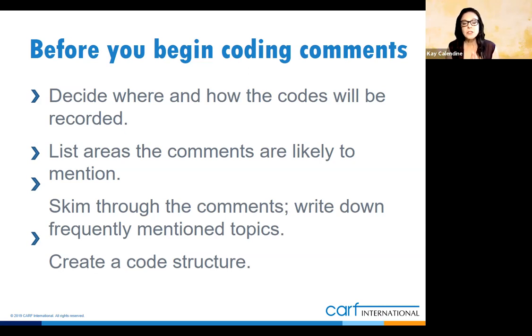So the next thing you'll do is skim through those comments and build out your code structure. When you start seeing a lot of one particular topic, you'll know that that needs to be added.